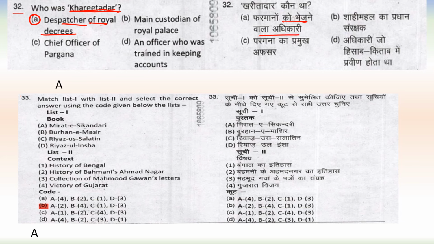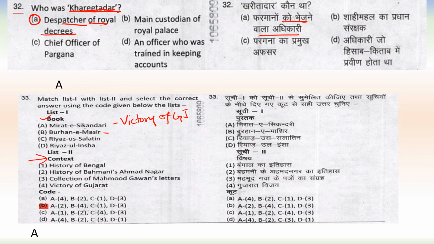Next question. Match list 1 with list 2 and select the correct answer using the code given below. What is in the first list? Books. The second list has the context of the book. So here, what is Mirat-e-Sikandari about? Victory of Gujarat. This book is on the victory of Gujarat.